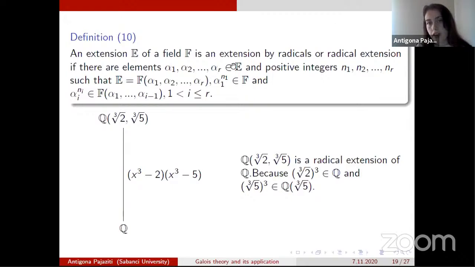And then we can take alpha sub 2 to be the cube root of 5, and n sub 2 again to be the positive integer 3. Then this is an element of the extension of Q by the polynomial x cubed minus 2.